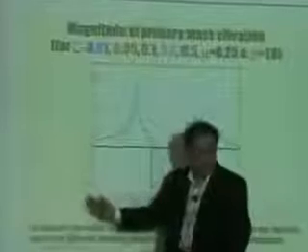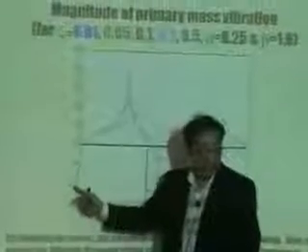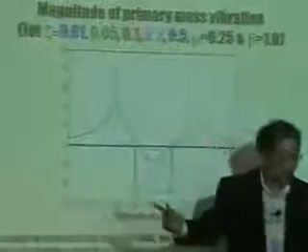Therefore, we have a minus. Minus 20 means what? I look at his calculation, and I find out he used 20 log of that value. Therefore, minus 20 means 10 to the minus 1/10.